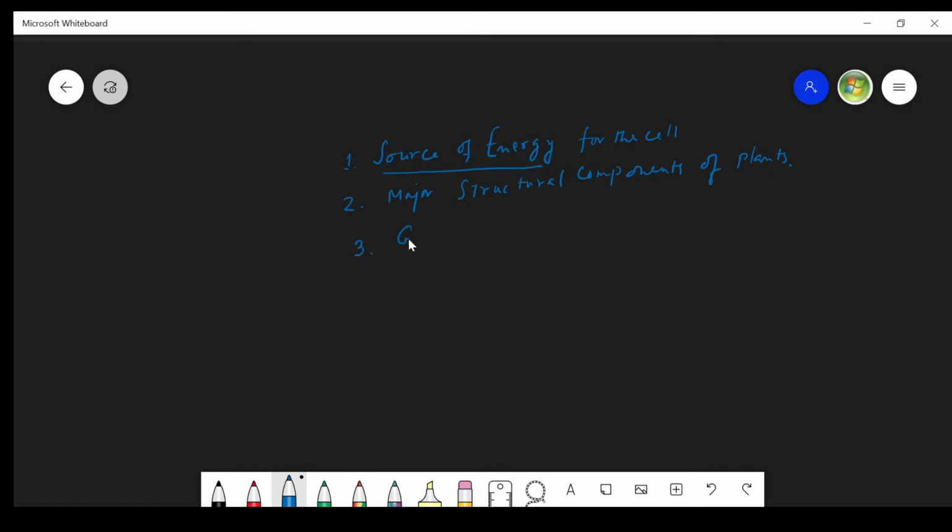Thirdly, glucose is the immediate source of energy.